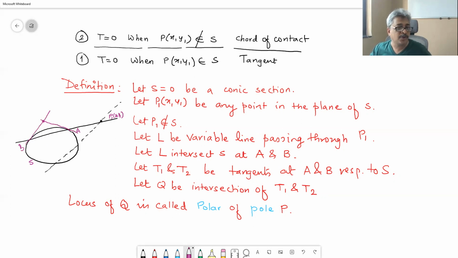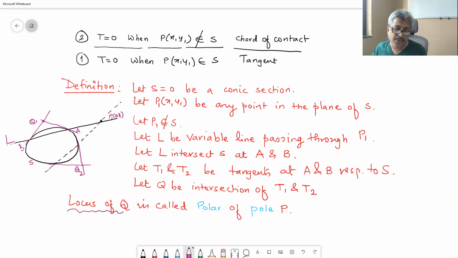Maybe this is the first Q1. If you do it for some other line, Q2. And as this line L is a variable line, it will keep on producing Q1, Q2, Q3, Q4.